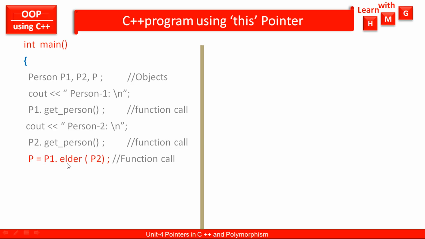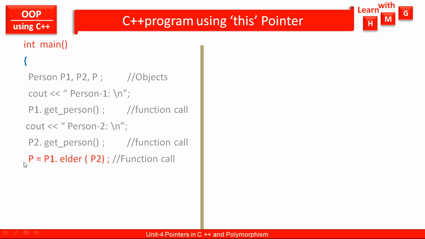Then the elder function will return either the calling object or the argument object, and whichever object is returned will be assigned to the p object. So the result will be available in the p object.